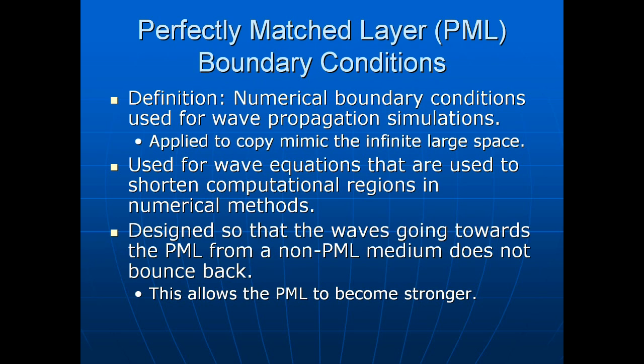The reason I say this is because when a wave from a non-PML source hits the boundary of a PML, the wave will not be able to bounce back towards the interface. This allows the PML to become stronger when it comes to absorbing boundary waves from the interior of a computational region without having the waves bouncing back.